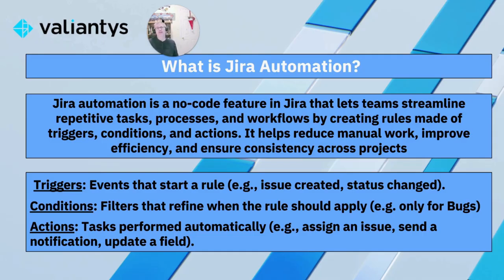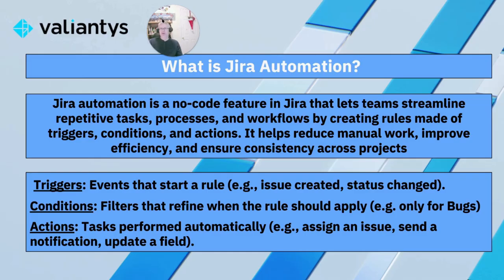It really is a great tool natively in Atlassian, and you can use it in Jira, in JSM, in Confluence, across the board. It helps you to reduce manual work and improves efficiency. And what I really like is that it ensures a consistent process across projects, across spaces, because you let a rule-based engine do the work for you.